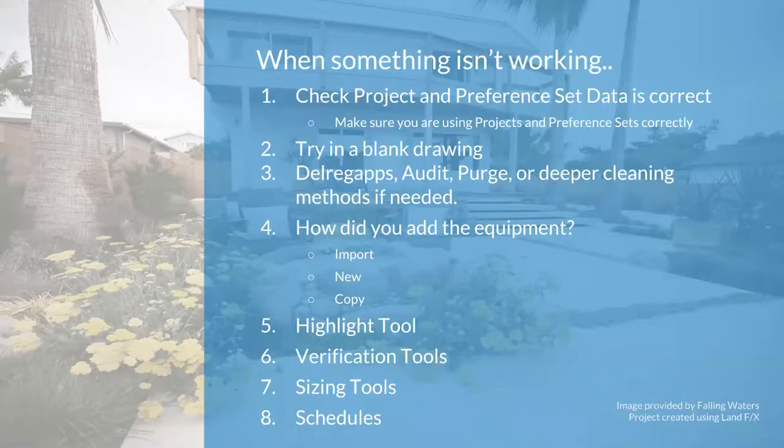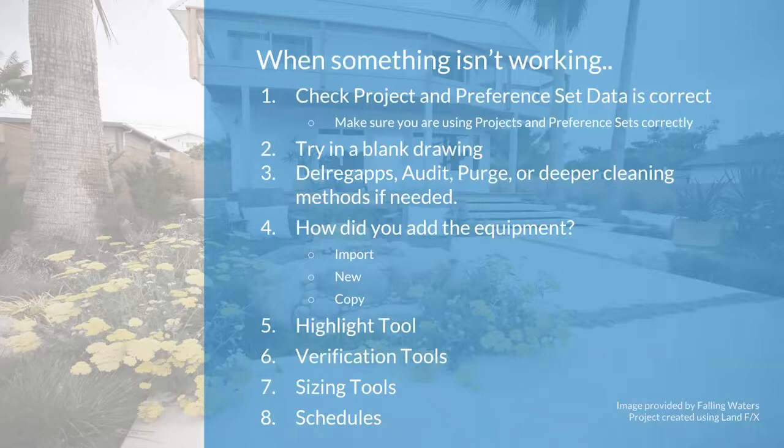Stuff like purging the old file out is that simple, but sometimes it's overlooked because AutoCAD has a specific way of functioning. So understanding those basic cleaning methods and CAD functionality is definitely going to help pinpoint where those problems are.